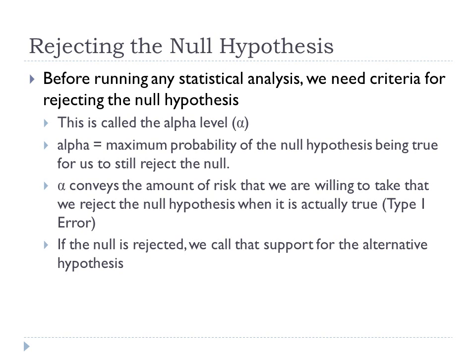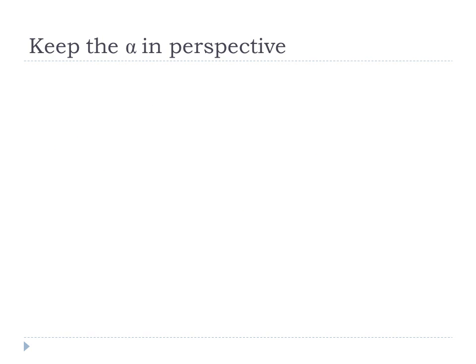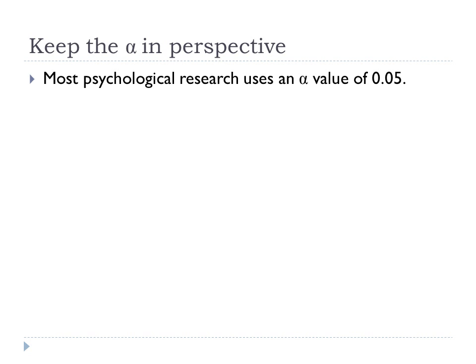If we reject a null hypothesis, we call that support for the alternative hypothesis. So if our statistical test tells us that the probability that our null hypothesis is true is really low, actually lower than our alpha value, then we'll reject the null hypothesis and we'll call that support for the alternative hypothesis. Keep the alpha value in perspective. It is not magic.